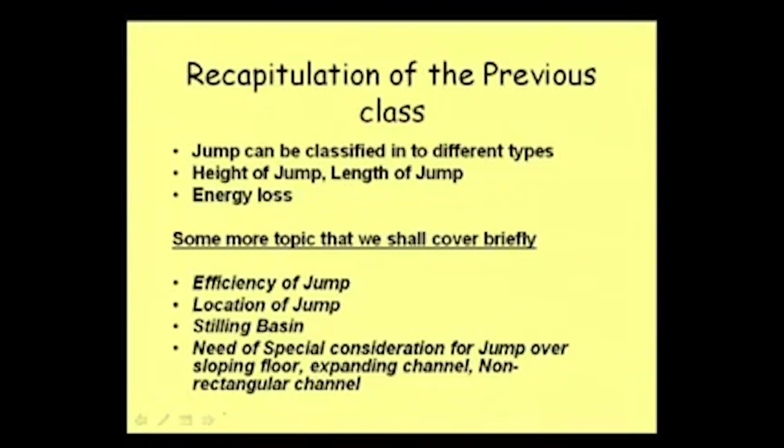Then we started a discussion about the energy loss, how the energy gradient line suddenly drops in the hydraulic jump portion. On the upstream of the hydraulic jump, if we neglect other losses, then head loss is quite insignificant. At the downstream of the hydraulic jump also head loss is insignificant, if we consider that friction loss and other things are negligible.